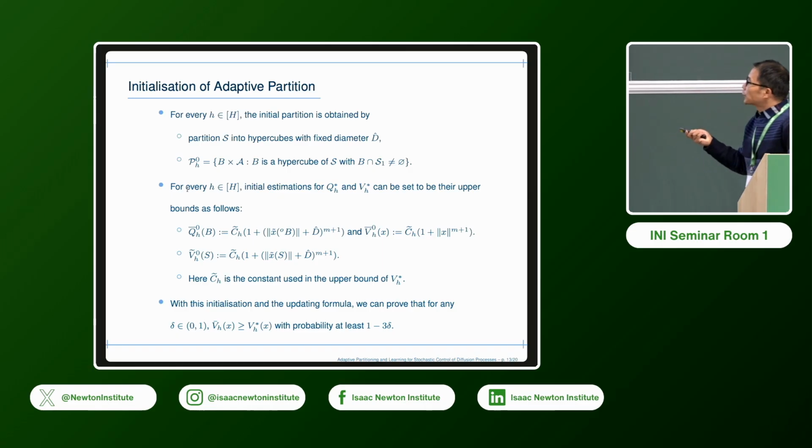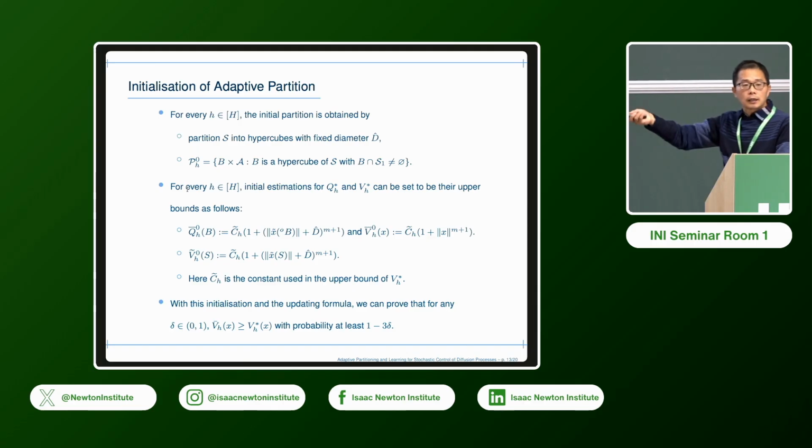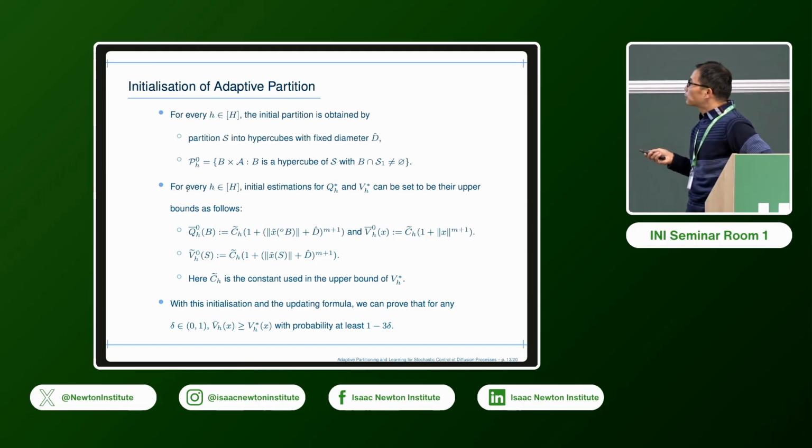With this initialization of the value functions and the update rule on the last page, we can prove that, roughly speaking, our estimation of the value function is bigger than the real value function with high probability.